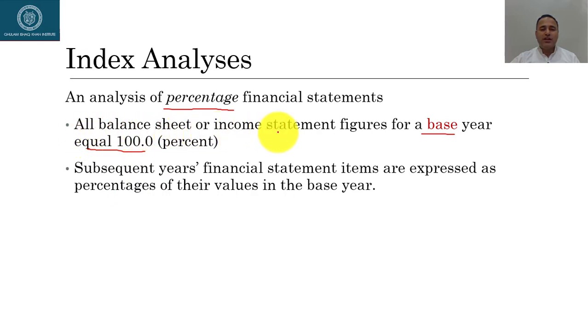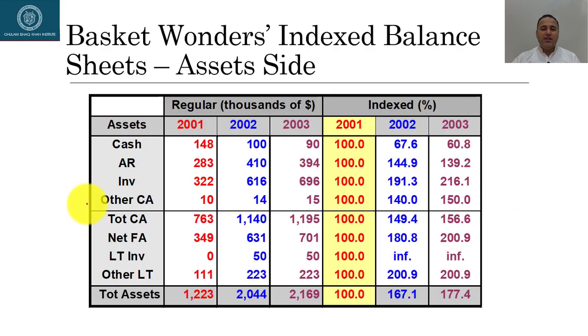All balance sheet or income statement figures for a base year equal 100%, and then subsequent years' financial statement items are expressed as a percentage of that value in the base year. This is how it looks. For Basket Wonders, it's exactly the same balance sheet. What we do now is pick a base year. In this situation, this is our base year.